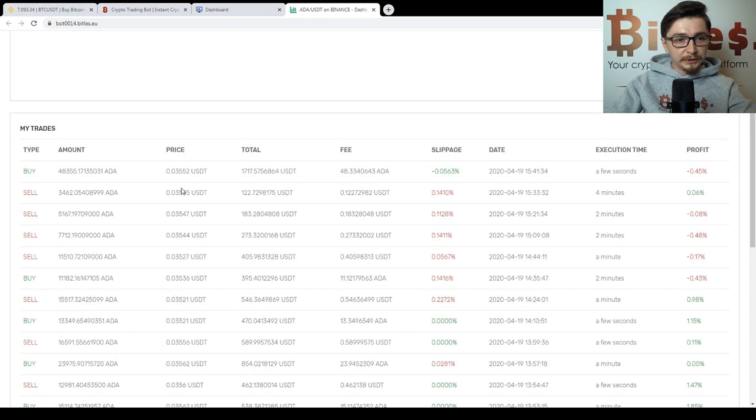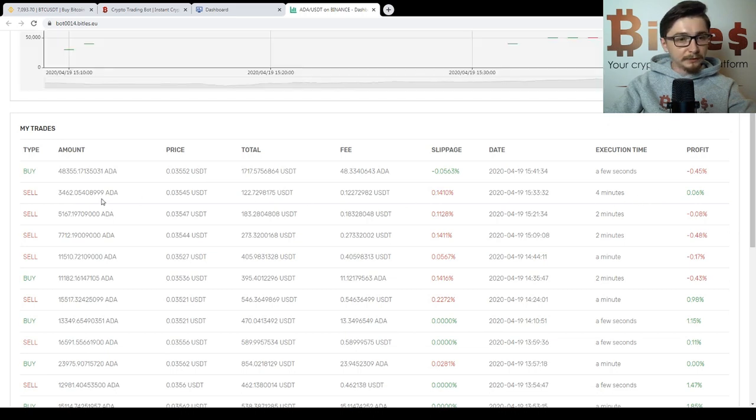Here it is. This is exactly the trade that we are looking for. Pay attention to all the details again. The amount is the same, 3,462, price is the same, 0.035, and total is the same, 122.